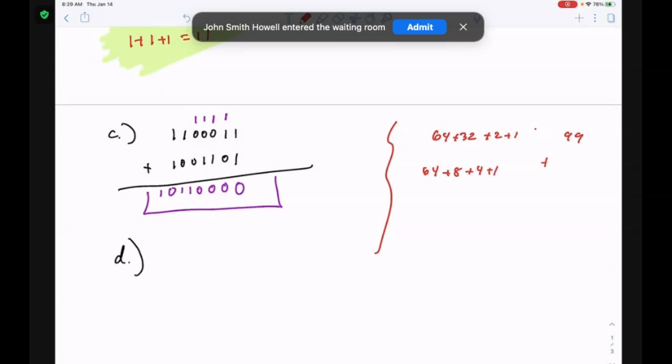That gives me 72, 77, and that would give me a 6, carry the 1, 176. And 10110000 is the same thing as 128 plus 32 plus 16, which is 176. So it does work out.